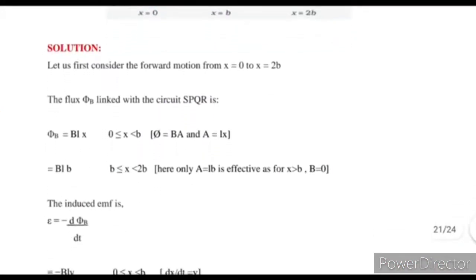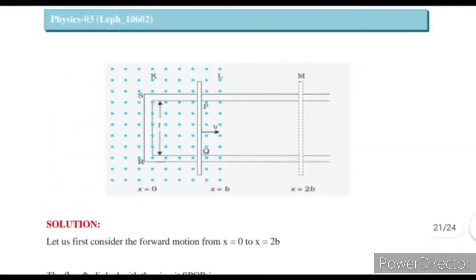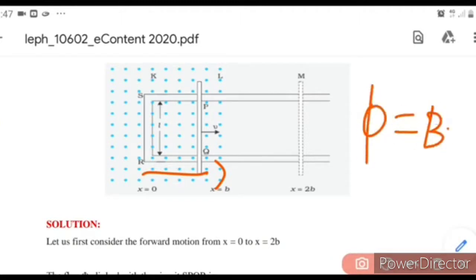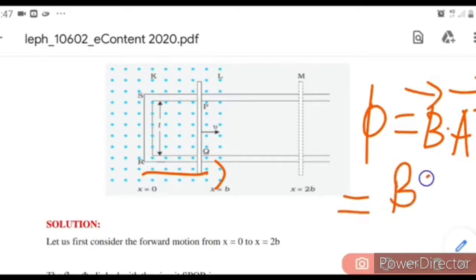When we find the flux, we know the magnetic field is there only from x equal to 0 to x equal to b. So when the conductor is moved from x equal to 0 to x equal to b, you know the expression for flux is phi equal to B dot A. Since here B and the area vector A are in the same direction, phi becomes BA.